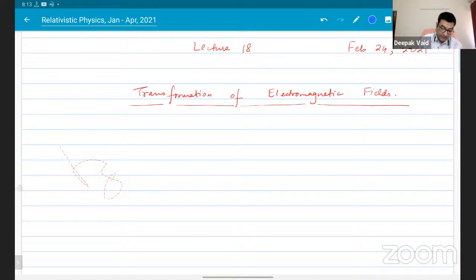So what we find when we learn about electromagnetism is that electromagnetic fields obey these equations.